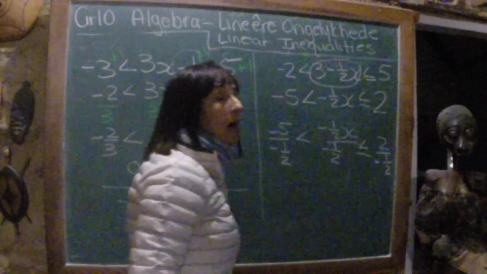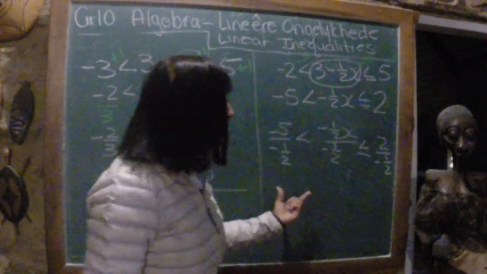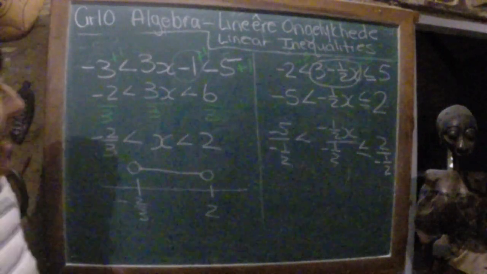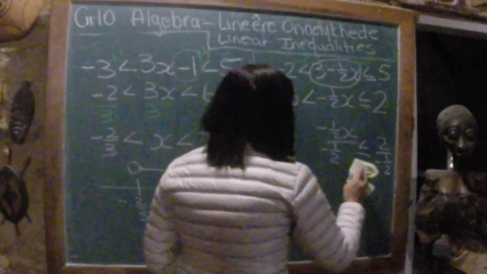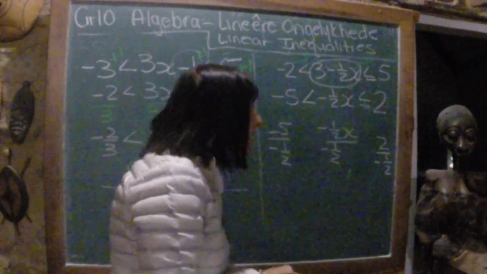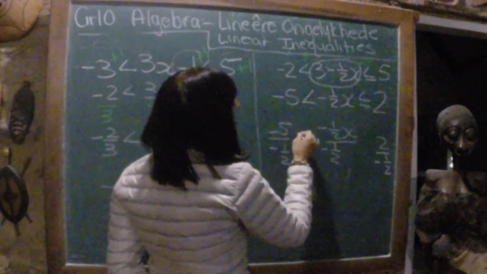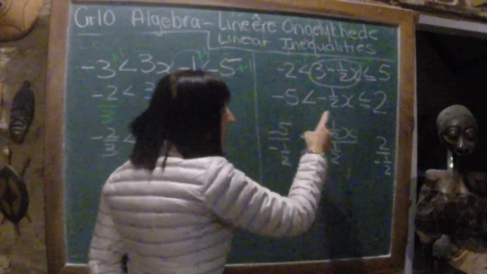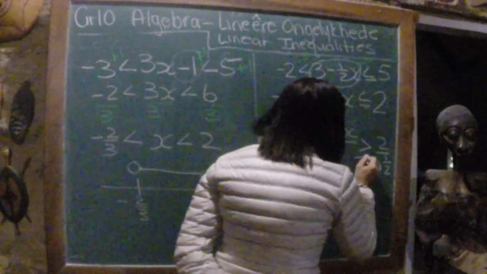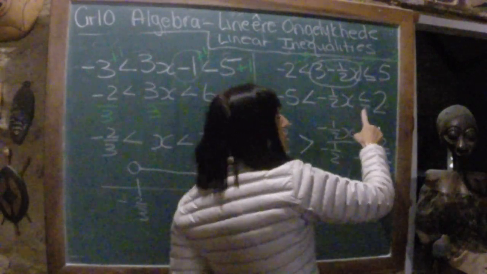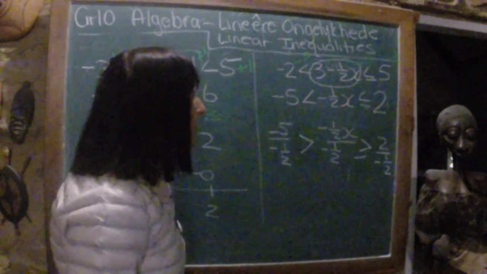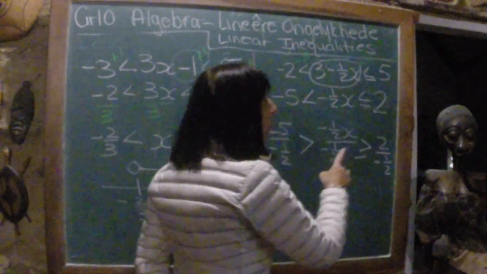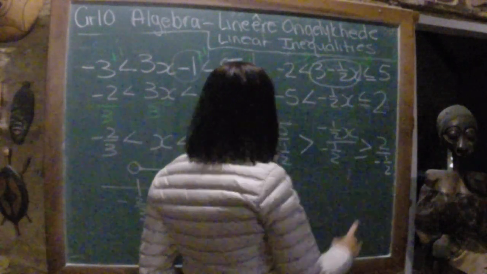En wanneer ek gaan deel met 'n negatief, then this is now wrong. So I have to write it as the switched inequalities. So it goes a greater than instead of a smaller than. Greater than or equal to instead of a smaller than or equal to. Don't use the same inequality when you divide by a negative.